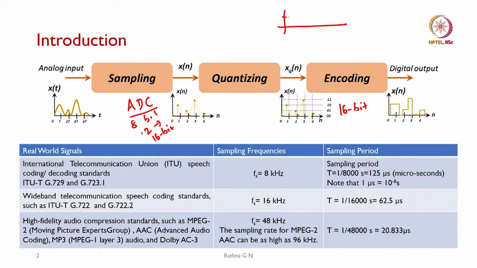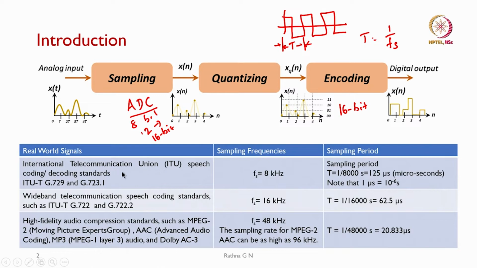If I take my clock this way, this is my time period, T is equal to 1 by fs, where fs is my sampling frequency. For different sampling frequencies, one has to look at what the real time constraint should be. The bottom table gives different applications we have in the real world.